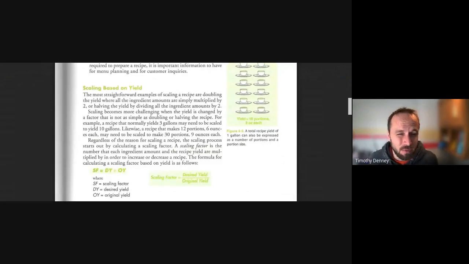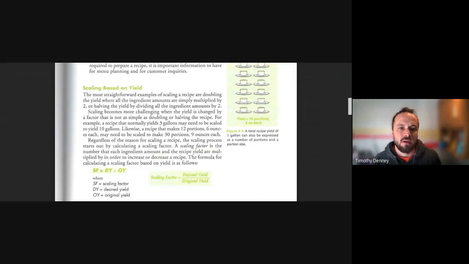The scaling does become more challenging, though, when the yield is changed by a factor that is not as simple as doubling or halving the recipe. For example, a recipe that normally yields 3 gallons may need to be scaled to yield 10 gallons. Likewise, a recipe that makes 12 portions, 6 ounces, may need to be scaled to make 30 portions, 9 ounces.